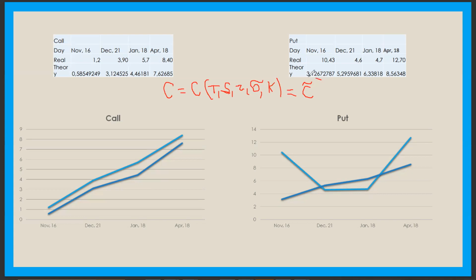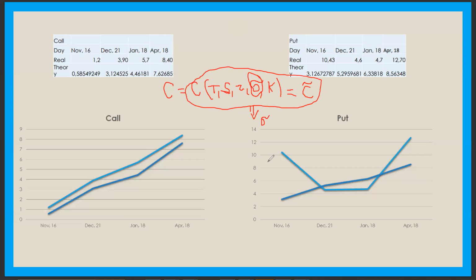So we have an equation: some function of these parameters equals C hat. If all these parameters are given, and only, for example, sigma is variable, we can solve this equation and find sigma.